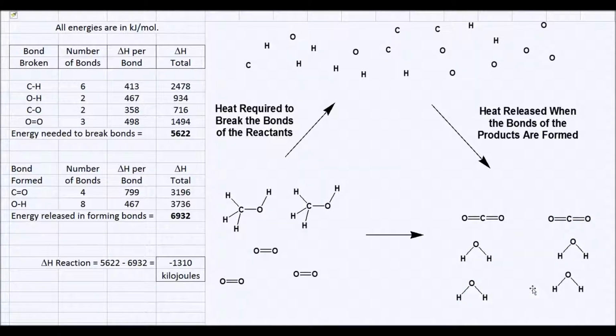So it's a very energetic process, giving off a lot of energy, and hence the amount of heat released. So thank you for your attention. I hope that helps you understand the energetics of a chemical reaction.